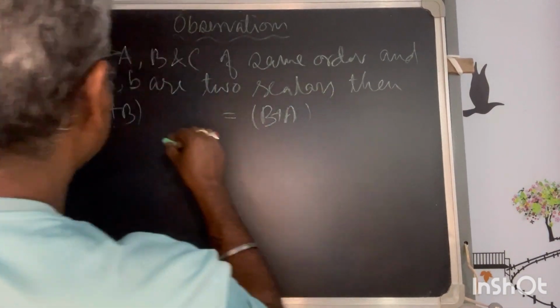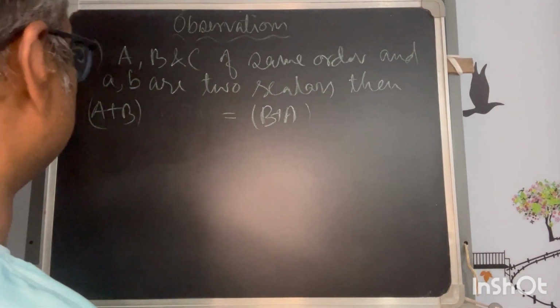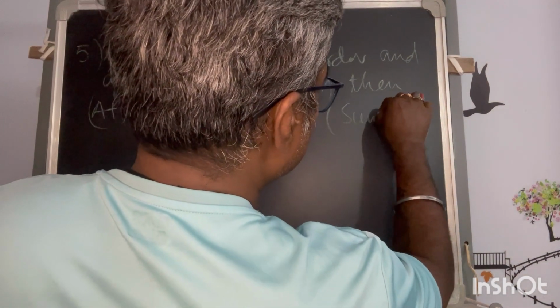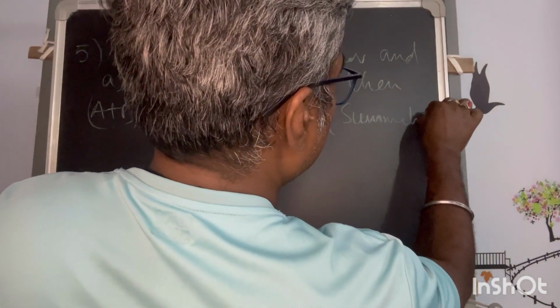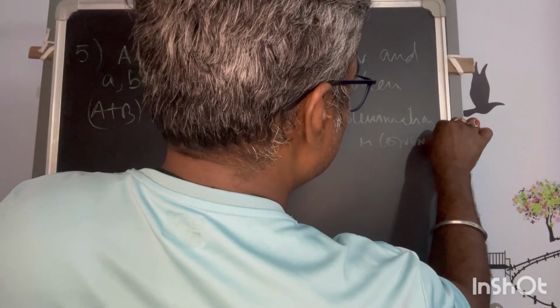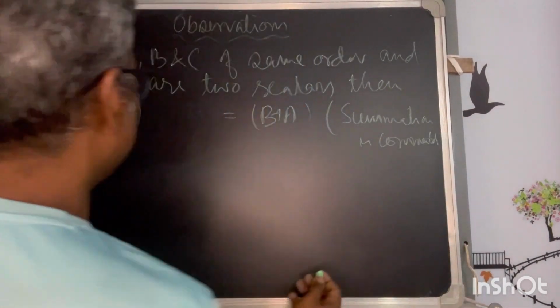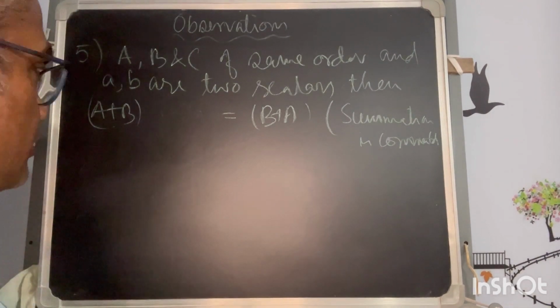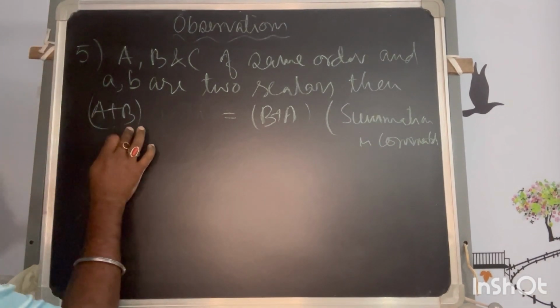So that means if I do the summation, the first rule is summation is commutative. Commutative means when you change the position of the matrix. When A is in the first position, B is in the second.